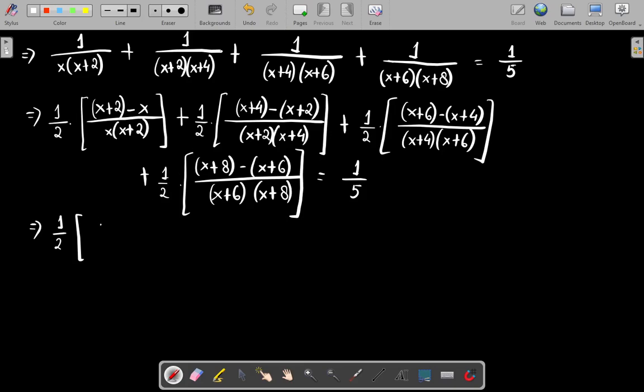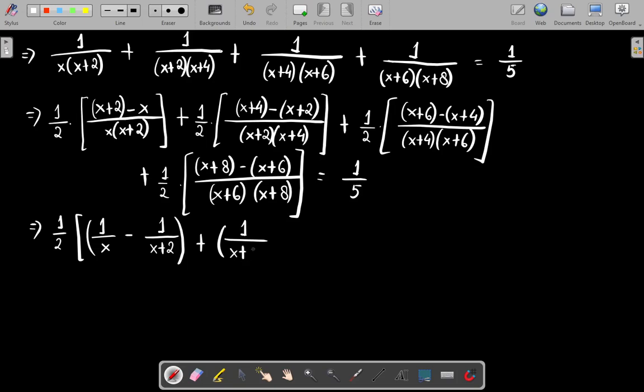This first term will become 1 upon x, and in the next term, the x and x will get cancelled and we will be left with 1 upon x plus 2. This is just the first term. Similarly, for the second term, if we divide, this x plus 4 will get cancelled and we have 1 upon x plus 2 left out, right?